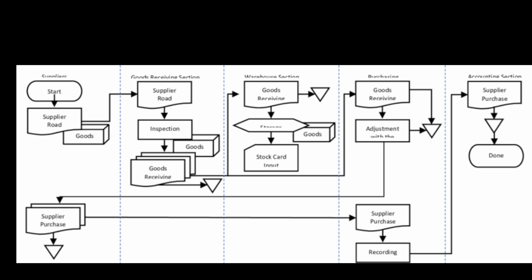For example, in a school, a system flowchart might show how students' information is entered into the database, processed, and used for generating reports. Think of it like how school tracks attendance.